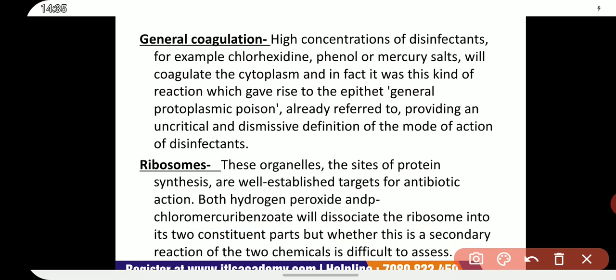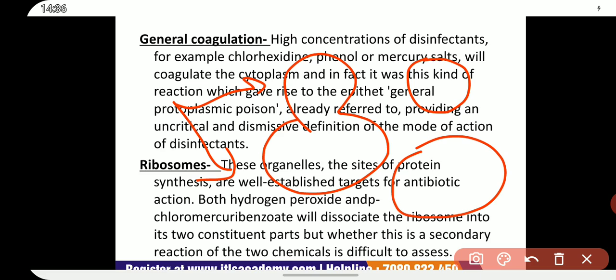If there is any kind of antibiotic that acts by inhibiting the joining of these two subunits, as we know the ribosome structure has one small subunit and one large subunit, and this is the functional state of the ribosome. If an antibiotic acts on these subunits and removes the ribosome into its constituents, then there will not be synthesis of protein, and this will disrupt protein synthesis and also the ribosome structure.